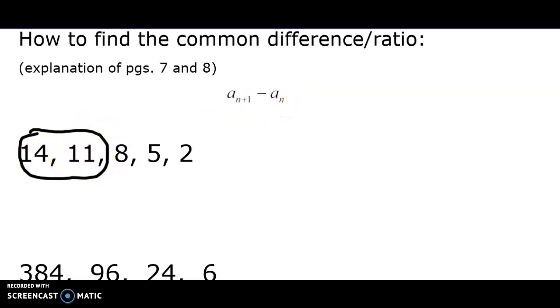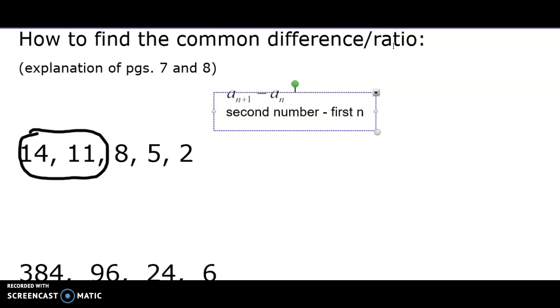So all this is saying in words is I'm going to take the second number and subtract the first number. And if it's a common difference, if it's arithmetic, that will give us the common difference.